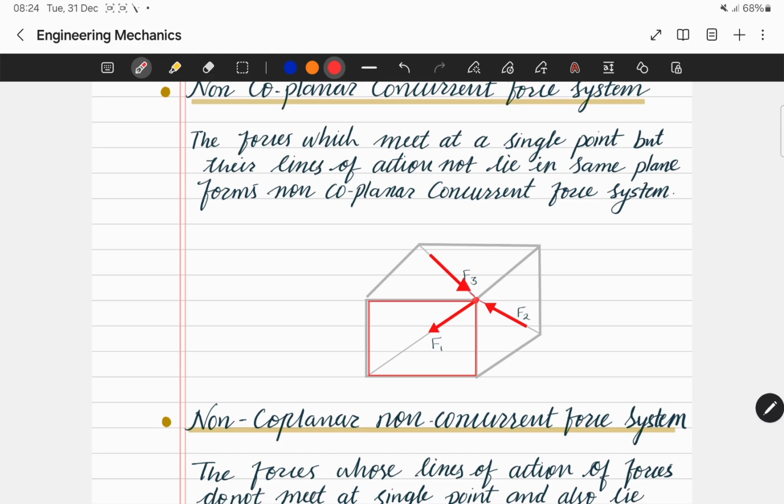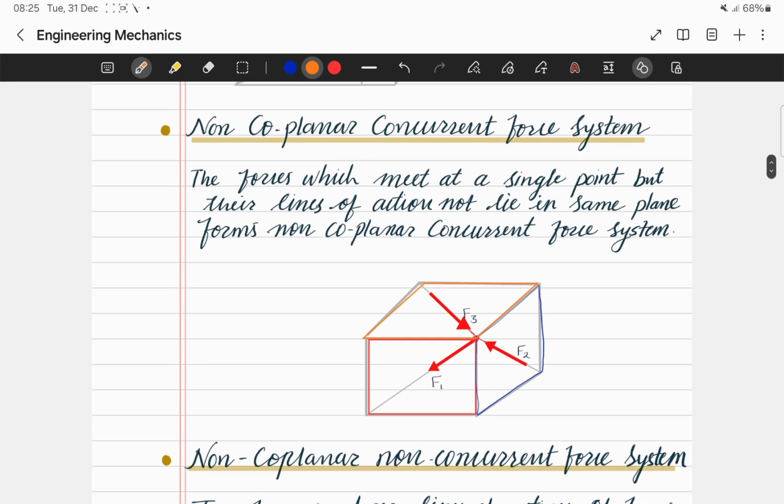But if we consider F2, the plane of application is this. And if we consider F3, then its plane of application is this plane. So three different planes are involved in this force system, but the point of application is the same.